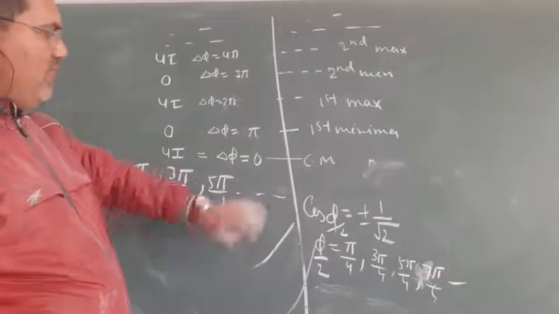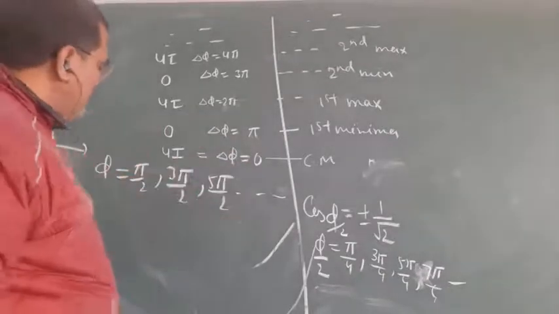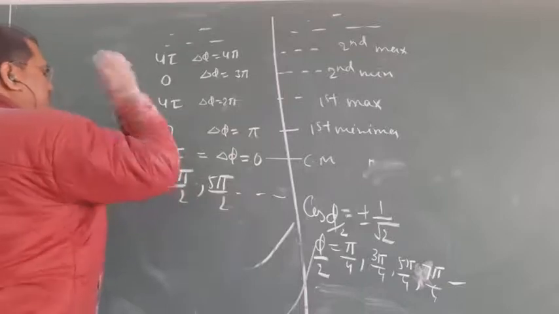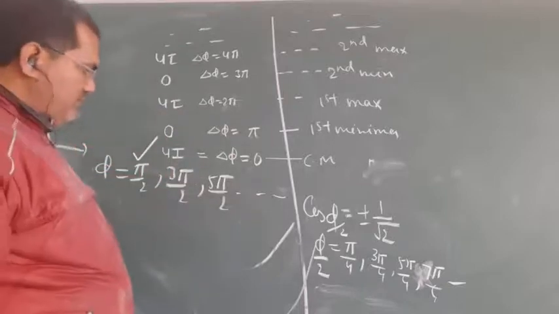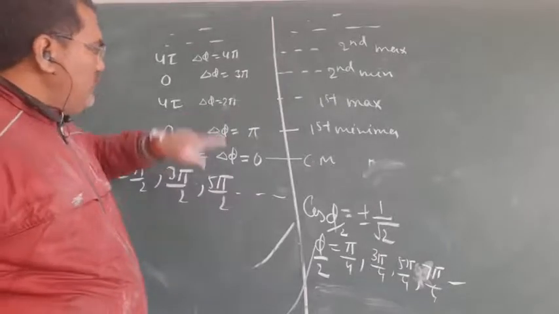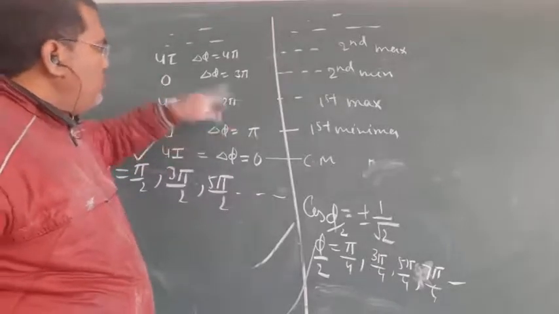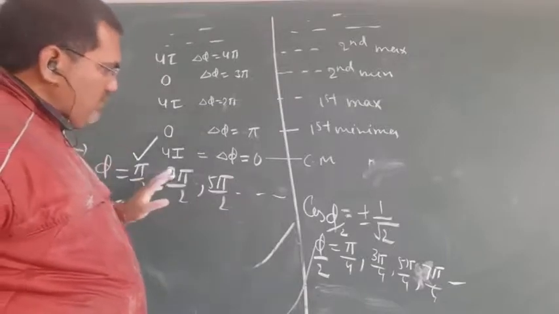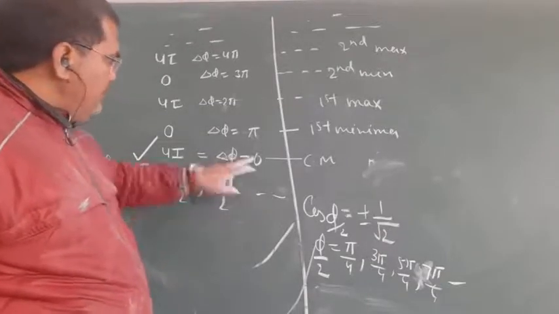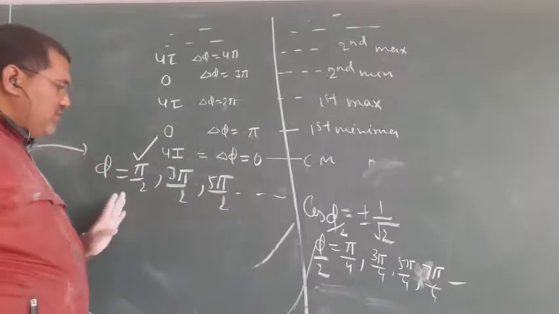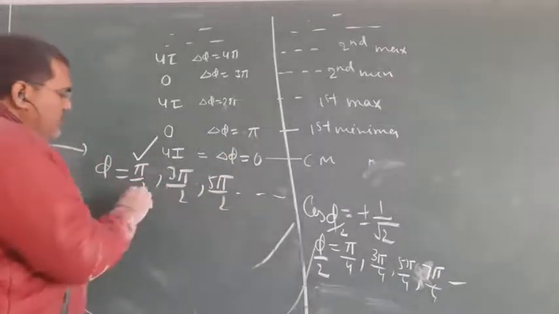But we have to find the solution between 0 and pi. So in 0 and pi, this solution is correct. 3 pi by 2 is in the region pi to 2 pi, and in 0 to pi, we get the solution pi by 2. So this is our solution.